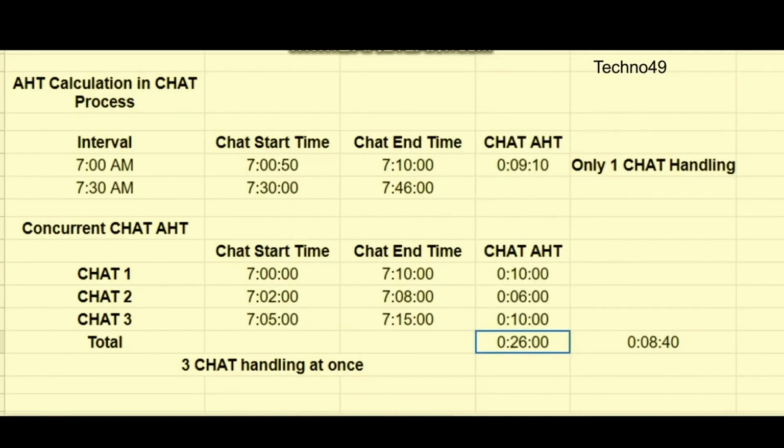If we want to calculate the AHT of all of these 3 chats, because the one agent was handling 3 chats at the same time, the AHT would be your 26 minutes divided by 3, because the agent was handling 3 chats. If the agent was handling 2 chats, we would have to put down 2. Or if the agent was handling 4 chats, we have to put down 4.